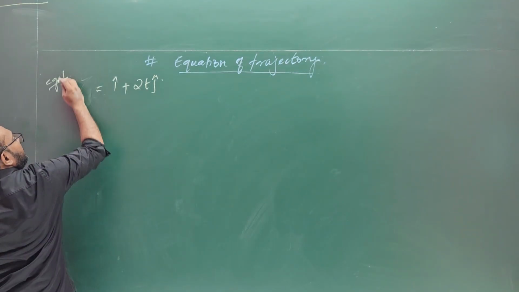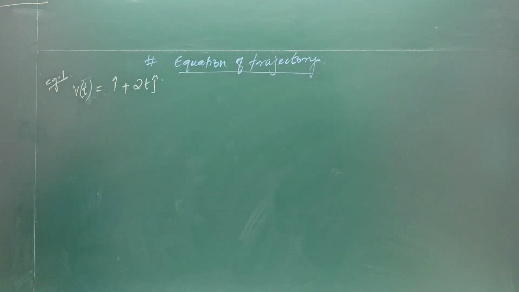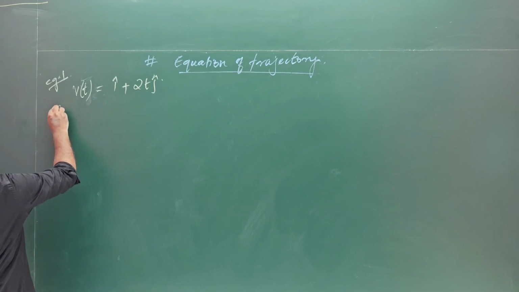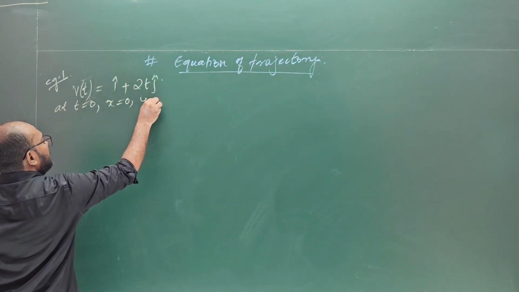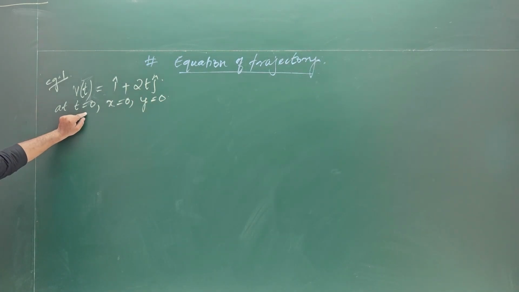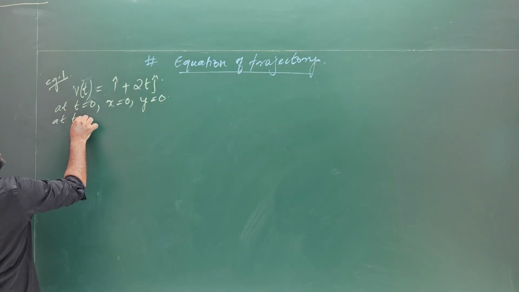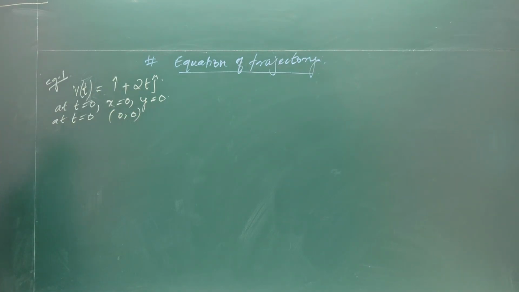So at any time t, the equation is given t i cap plus 2t j cap. Question is, at t is equals to 0, x is 0 and y is also 0. That means initially when time is 0, the body is at 0, 0. Simple. Or they can provide you at t is equals to 0, body is at 0, 0. Got my point?